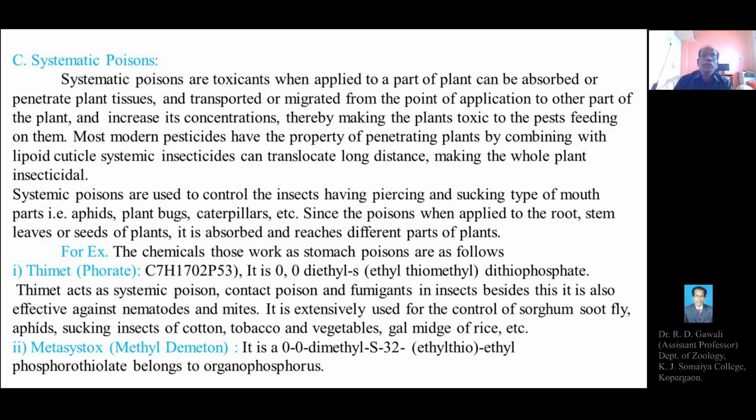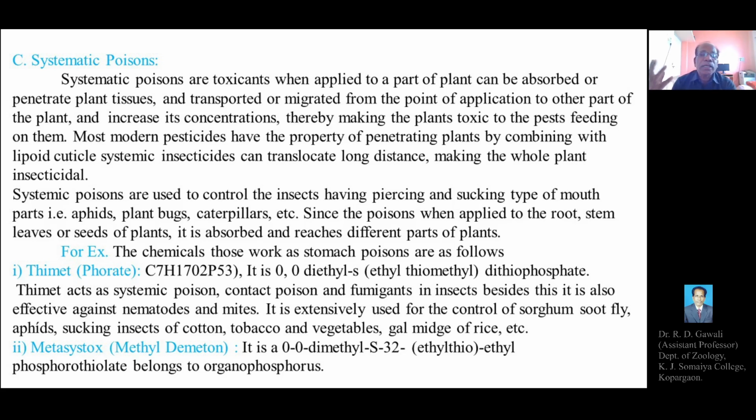It can be used for the destruction or killing of nematodes and mites, together with different types of insect pests such as sorghum shoot fly, aphids, sucking insects of cotton, tobacco and vegetables, and even gall midge of rice, etc.